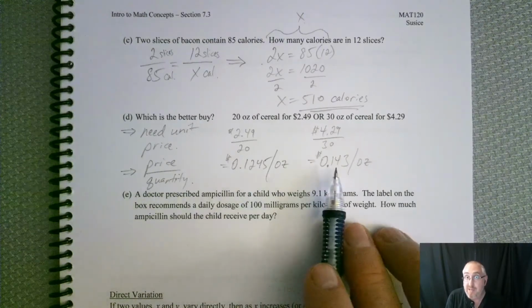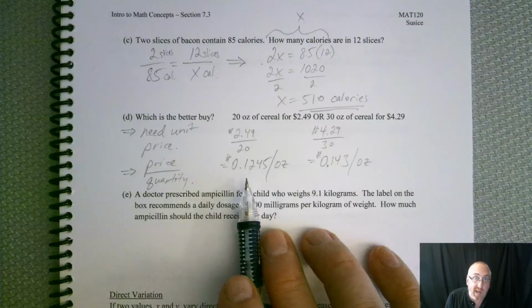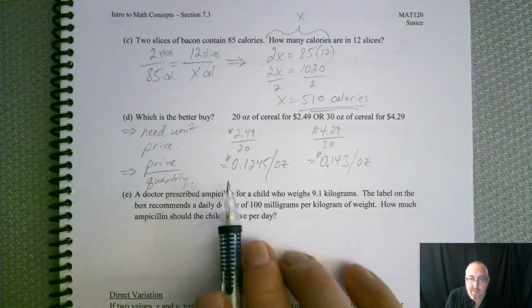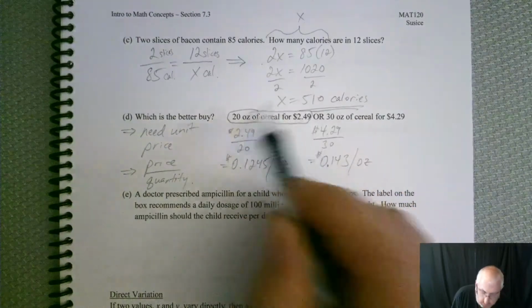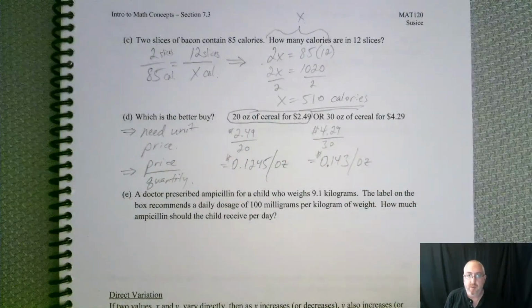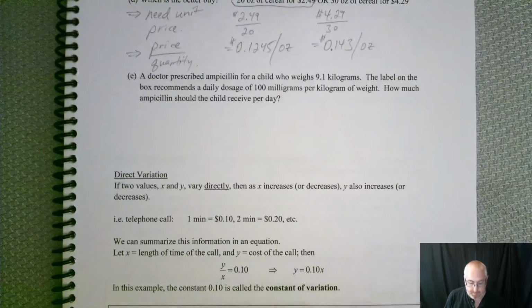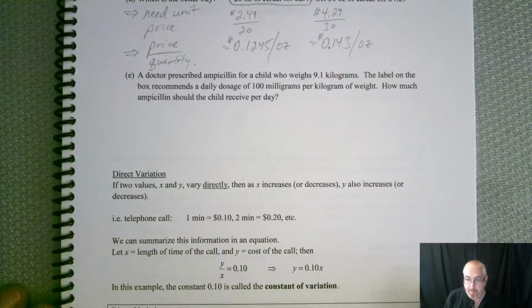This one's about 14 cents. This one's about 12 cents, 12 and a half. So this one's definitely cheaper. So there's our answer: 20 ounces of cereal for $2.49. All right, not too bad. Let's try one more, and then we'll stop this video.